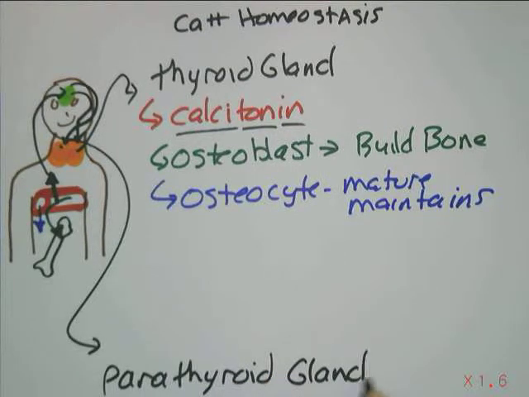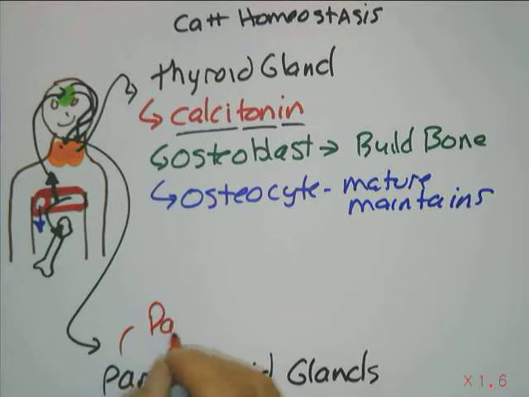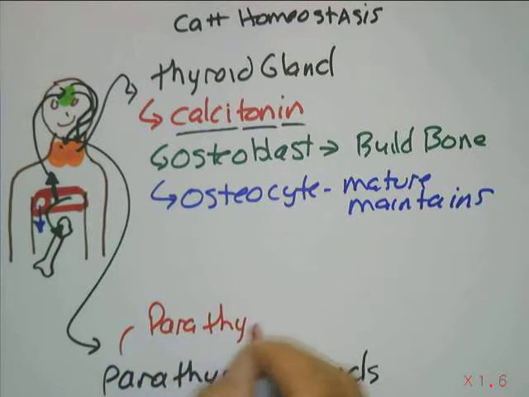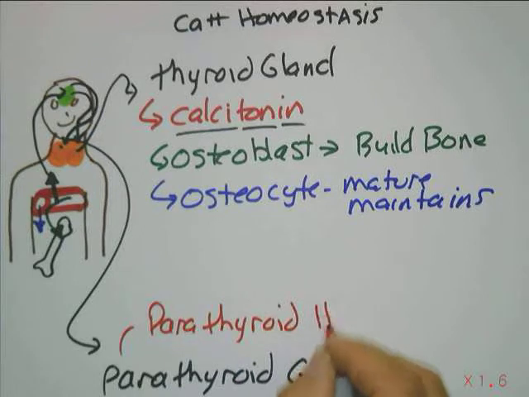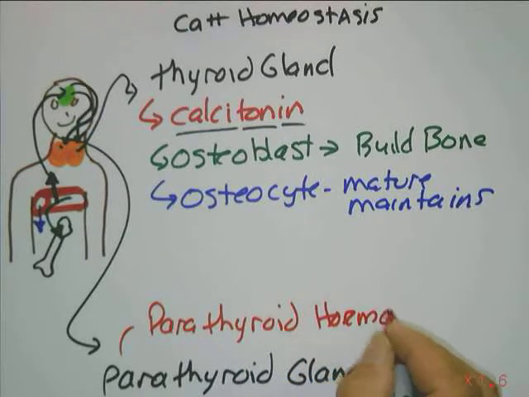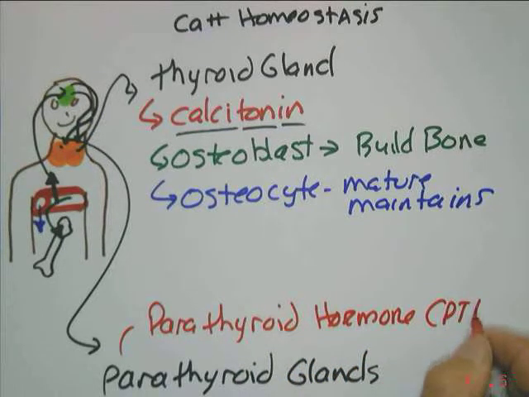Those glands are on the posterior side of the thyroid gland in the neck. As a result of the parathyroid gland being stimulated, it will secrete its hormone, which is called parathyroid hormone. We'll refer to it as PTH.